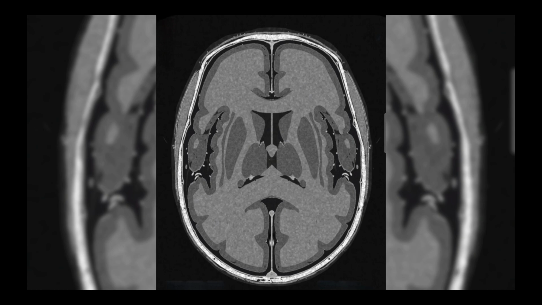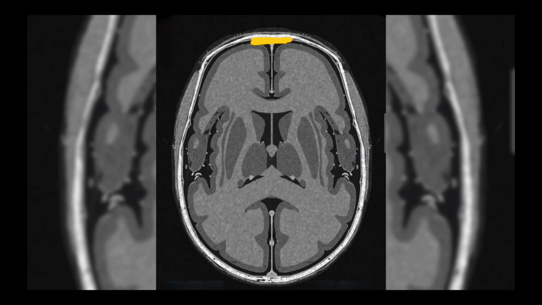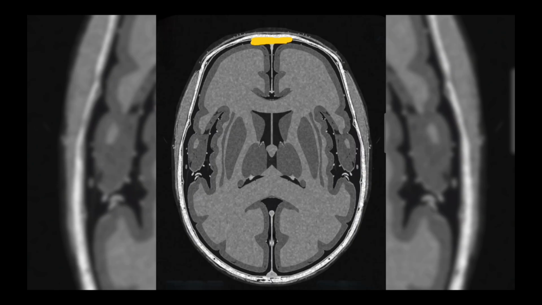On the CT scan, the bone appears very bright and very hyperdense. You can see in the image the very bright, hyperdense structure, and this is called the skull bone. When evaluating the skull, we look for fractures, any depressed fragments, abnormal bone density, and other traumatic changes. So even before looking at the brain tissue, the skull should be assessed.